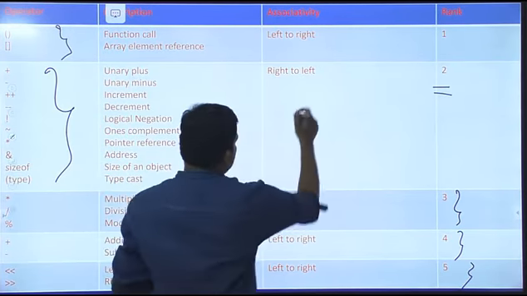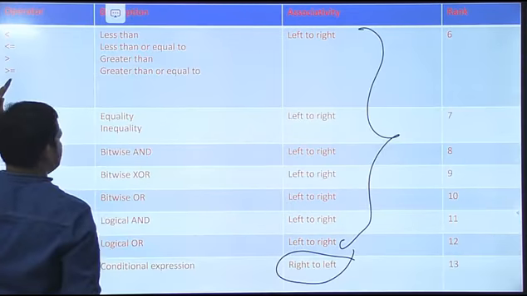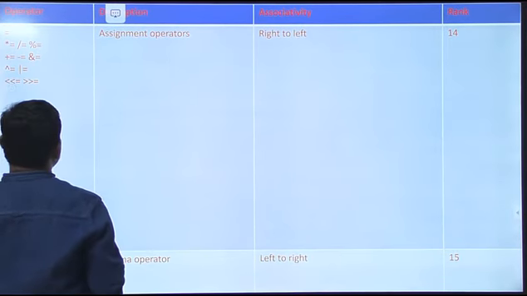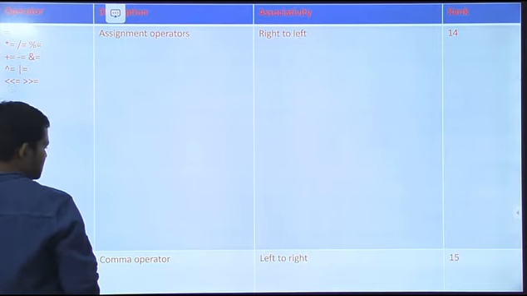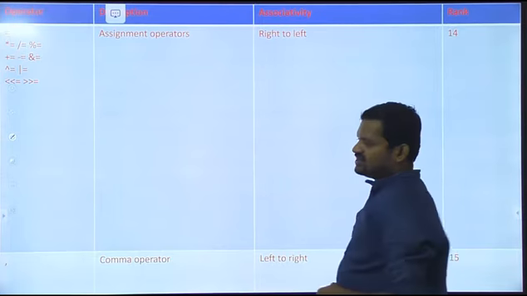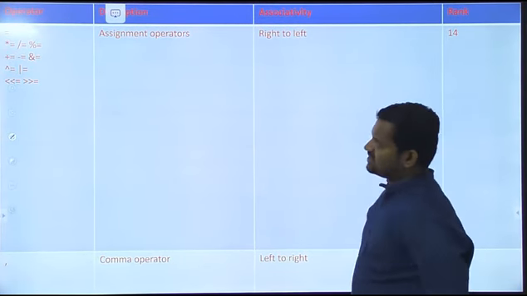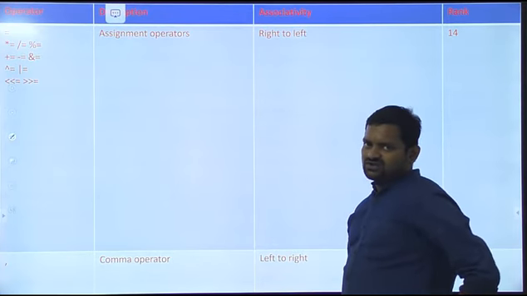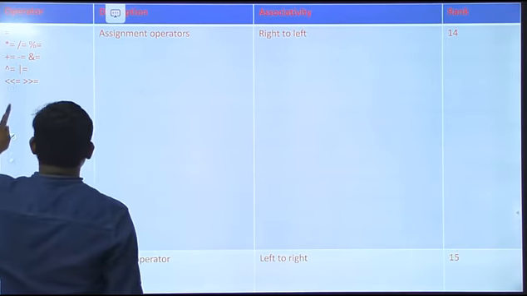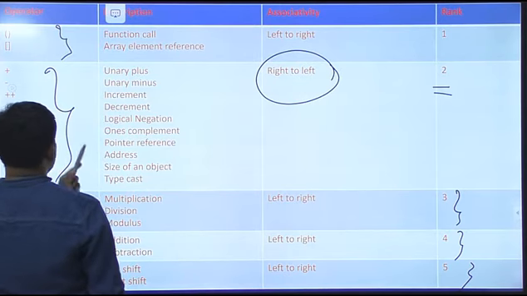Unary operators also follow right to left associativity. The assignment operator also has right to left associativity.